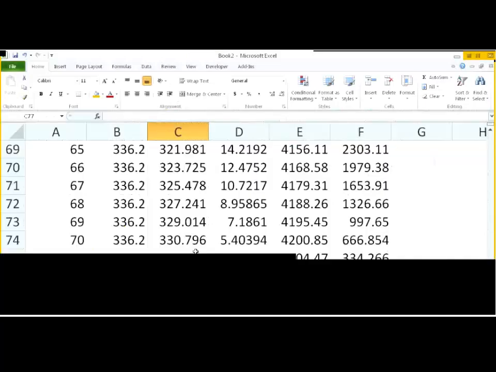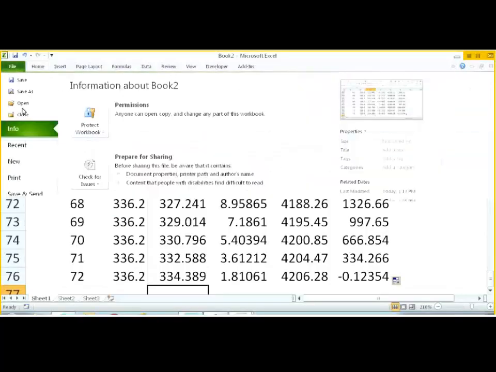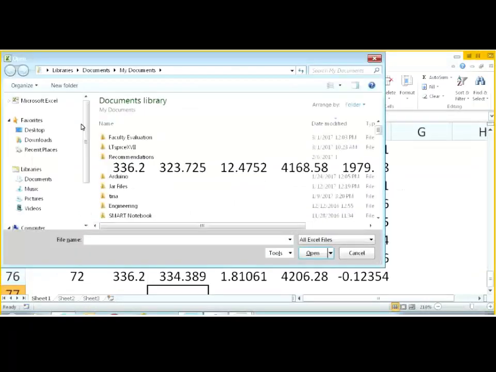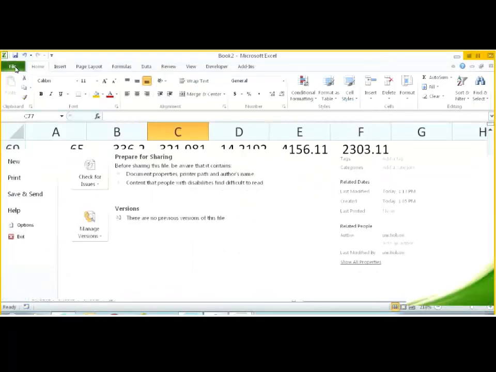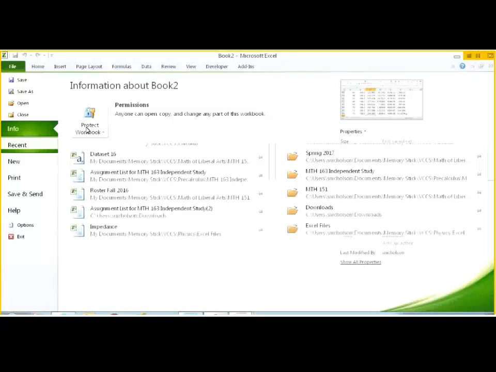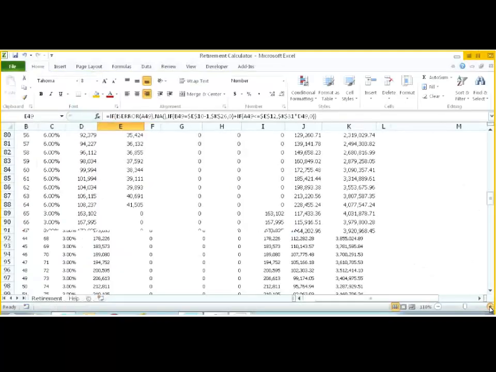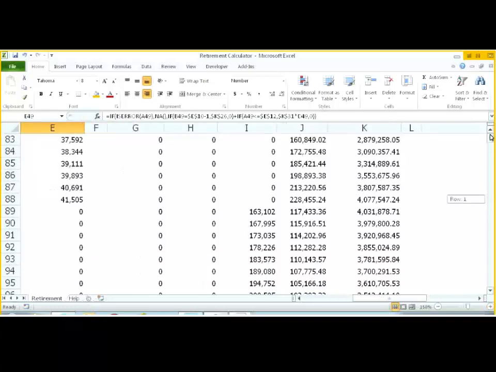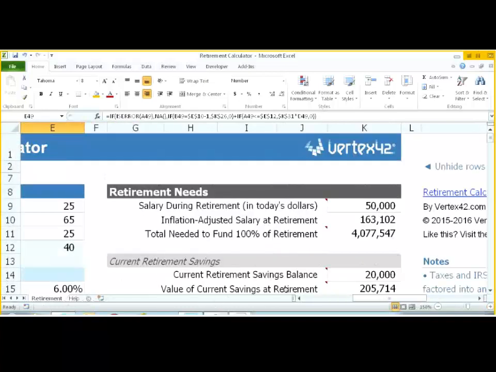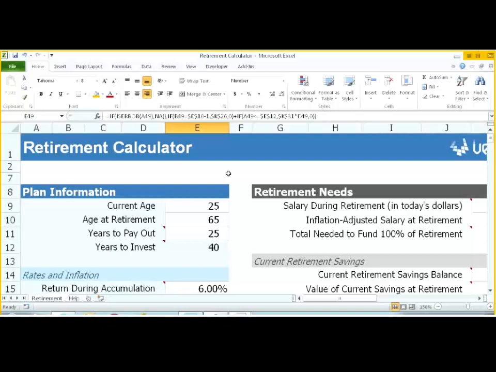Okay. I'm going to show you this, and we'll probably come back to it later, but I wanted to share it with you. So what I did was I went online and saw if there were any free Excel files that looked at retirement.